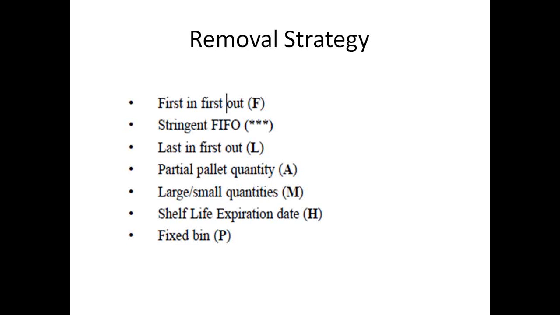Stringent FIFO is where you have grouped some 4 or 5 storage types and maintained the material, and the system checks multiple storage types and picks the first material which has arrived in them. And last in, first out: whichever comes last has to go first.